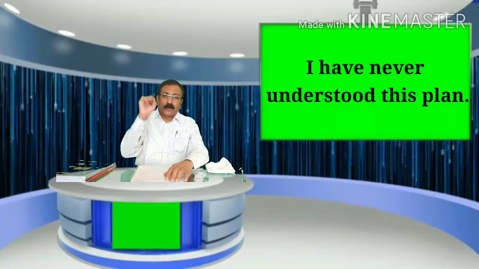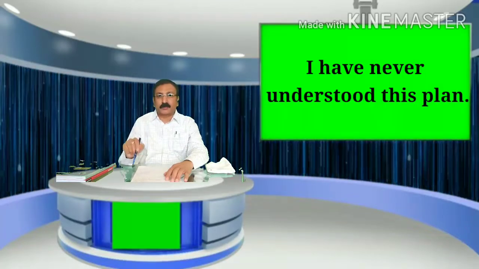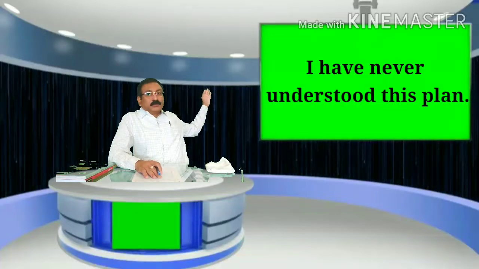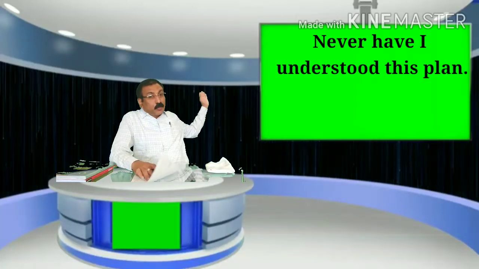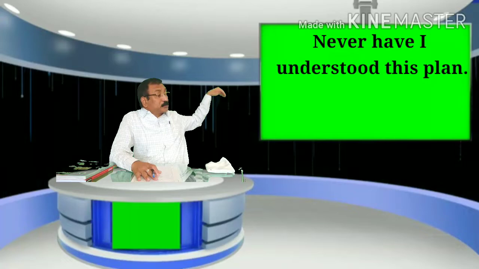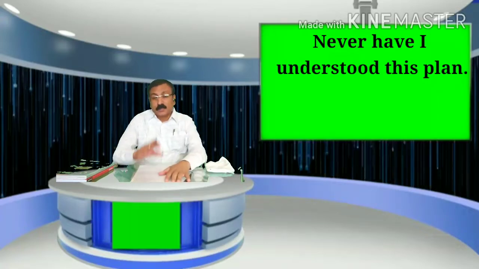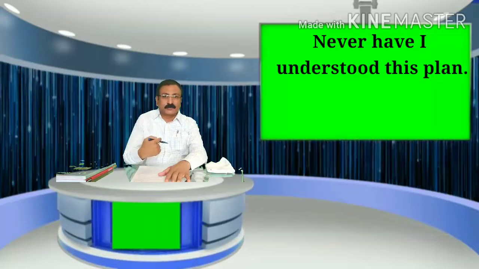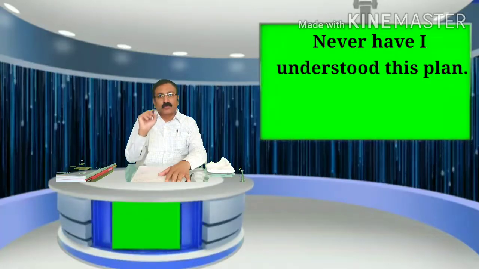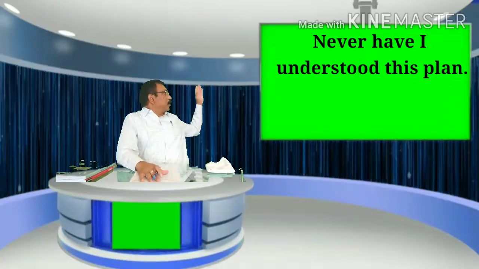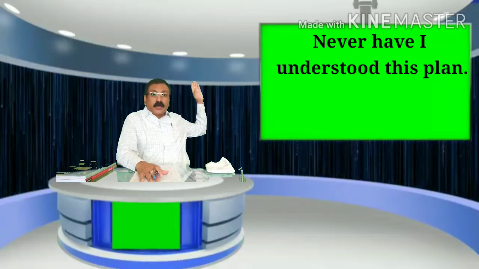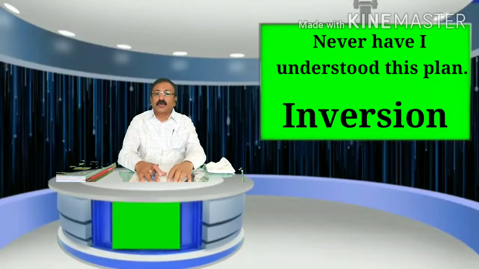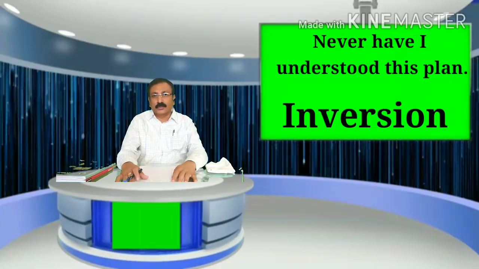Instead I have written the sentence: never have I understood this plan. I have reversed the order of the words, and therefore never have I understood this plan is an example of the figure of speech inversion.